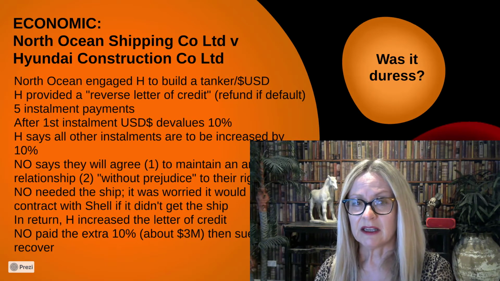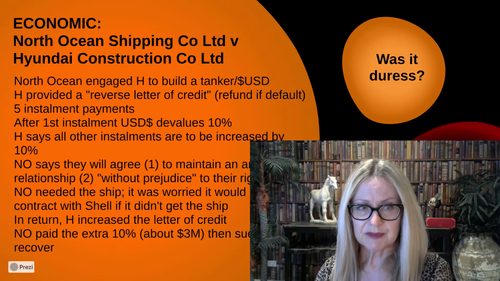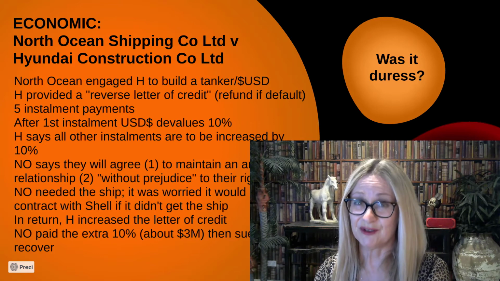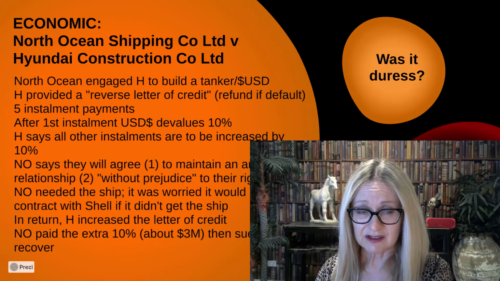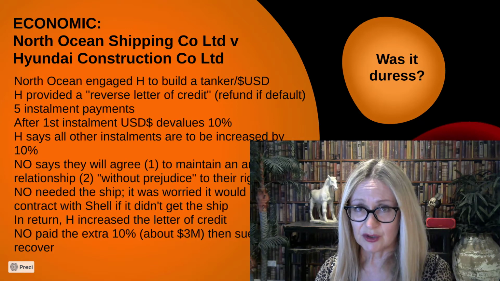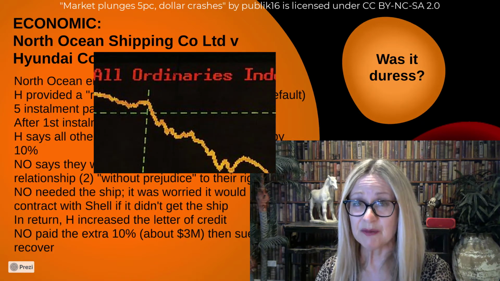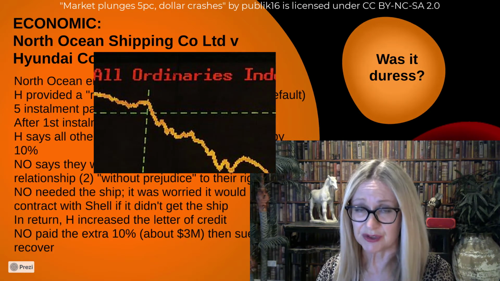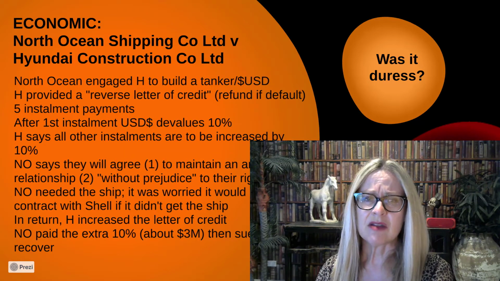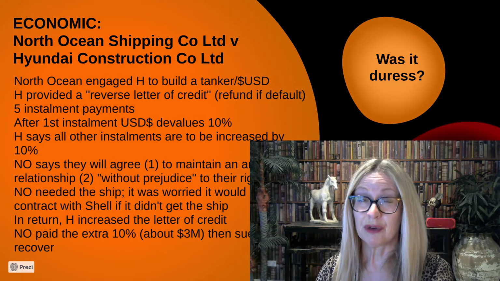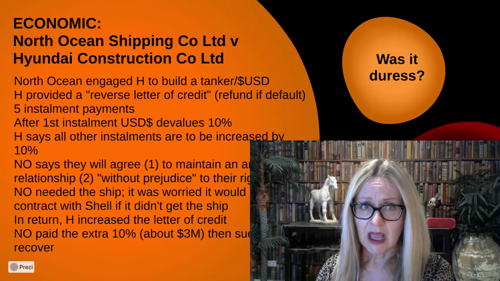Payments were to be made in 5 equal instalments. And unfortunately, after the first instalment, the US dollar devalued by around 10%. Now, this was rather disastrous for Hyundai. It meant that it would have lost around $3 million on the deal.